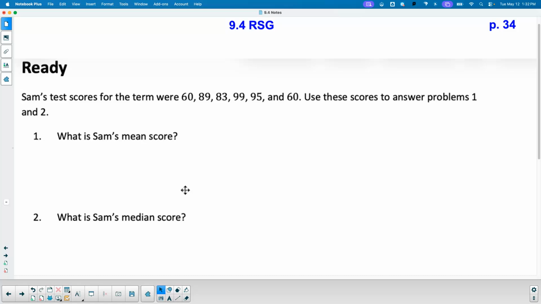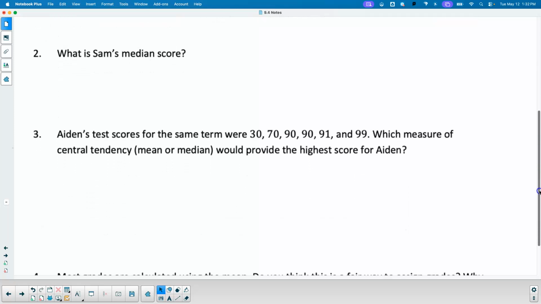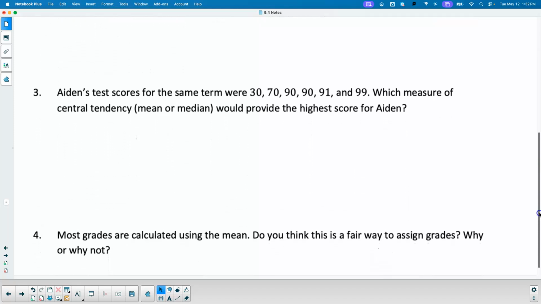What does mean mean? Average. Okay. What does median mean? Middle. So we've got to line them up in order and find the middle one. Like that one. Aiden's test scores, mean and median.